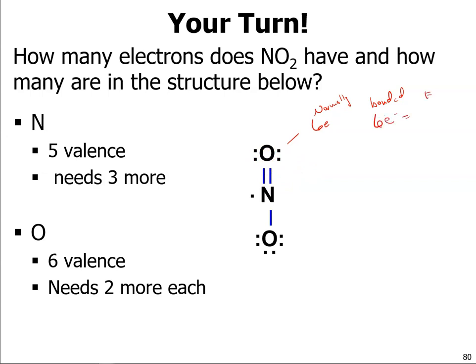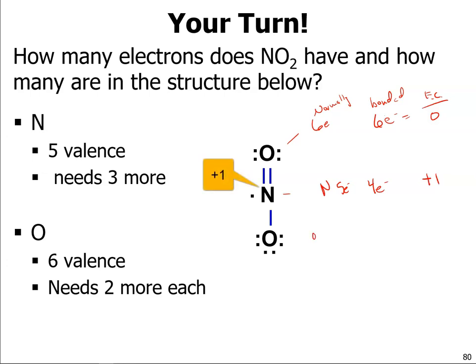The formal charge for the oxygen specifically would be 0. For the nitrogen, normally we have 5 electrons. How many are in here? We have 1 from this bond, 2, 3, and 4. That's 1 less than we normally would have, so that would be a positive 1 formal charge.